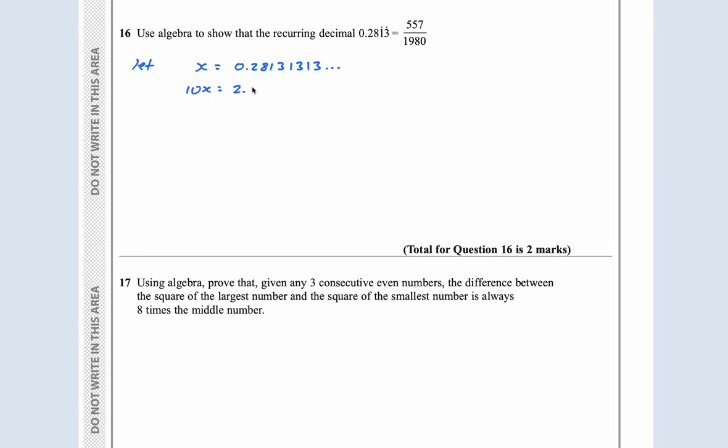So I get 2.813113 dot dot dot. Now my goal is to get the decimals the same. So I'm going to multiply by 10 again. And I get 28.131313 dot dot dot. Still not the same. We'll keep going. 1000x is equal to 281.31313 dot dot dot.